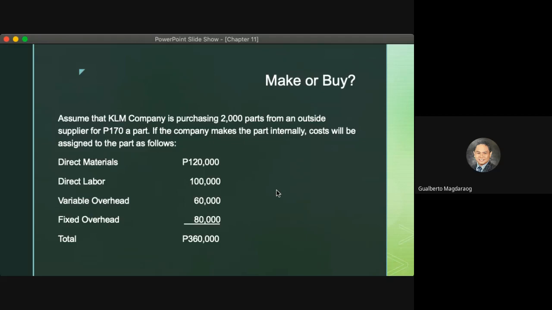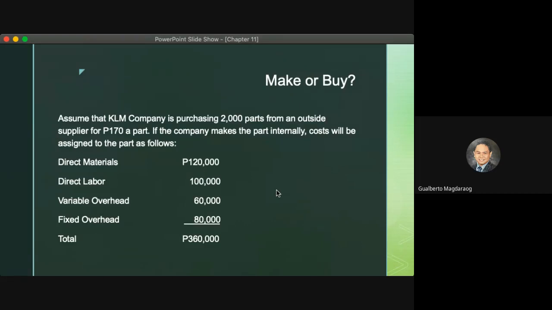So in this information alone, if we will compute for the cost to buy, that is 2,000 parts times 170, that's 340,000. And compare it to the total cost to produce it, that is 360,000, it seems like it is cheaper to buy it outside than to make it internally. Kasi isang 340 tsaka isang 360.